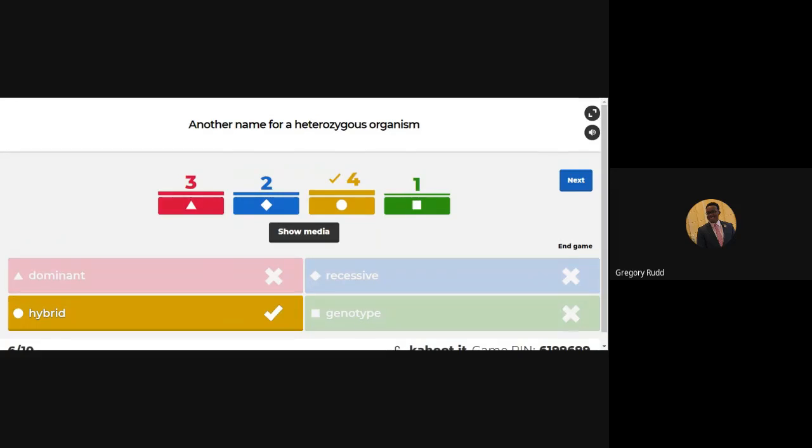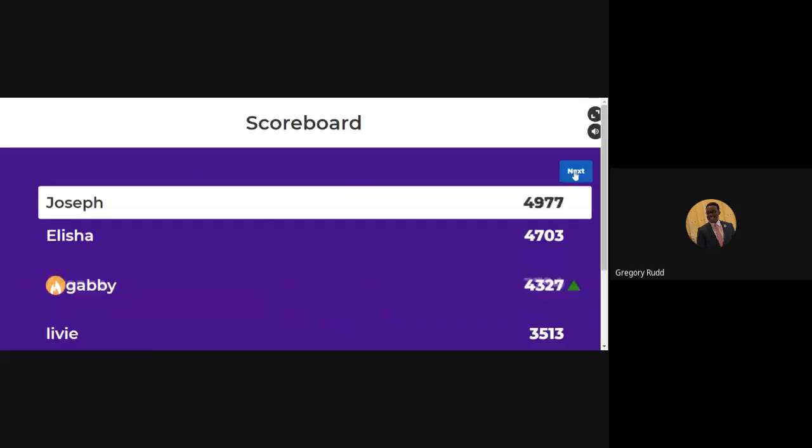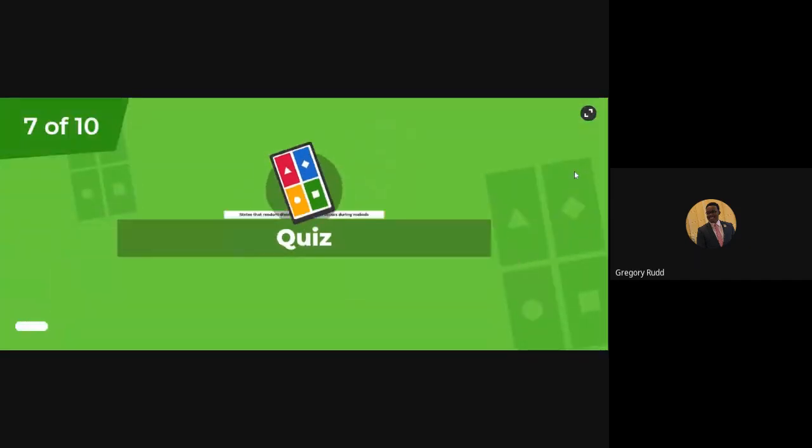I've never explicitly used the word hybrid, but a hybrid, of course, is something that is mixed. It has elements of multiple things. So in this case, heterozygous organisms have the dominant allele and the recessive allele. So we can refer to them as hybrids. Good job, Joseph. Let's keep going.